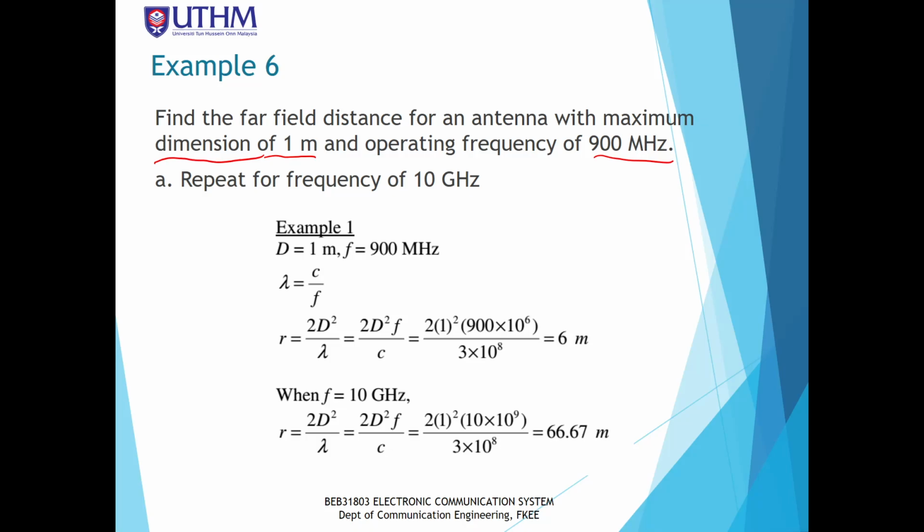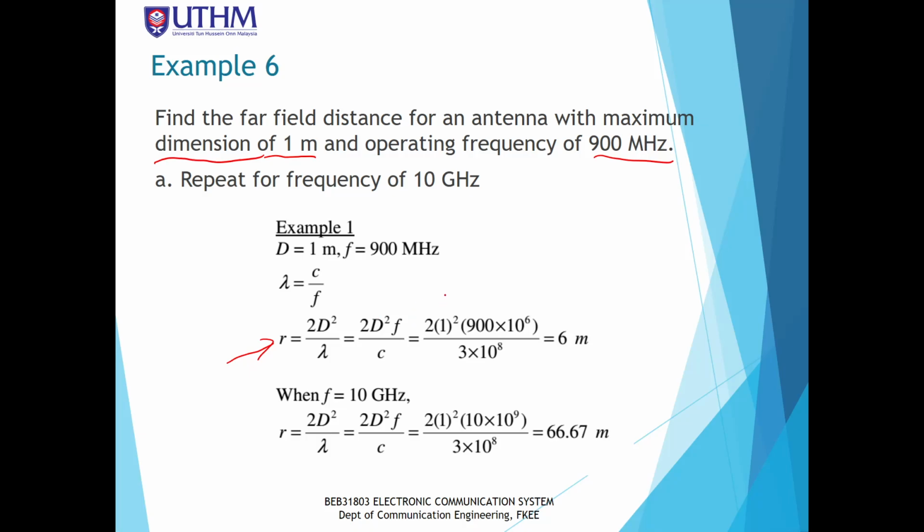So in order to find lambda, you need to do C over F. Okay, C over F, speed of light, divide with the frequency. Therefore the distance R, because you want to find the far field region, is 2D squared over lambda, which is equal to 2D squared. D is 1.